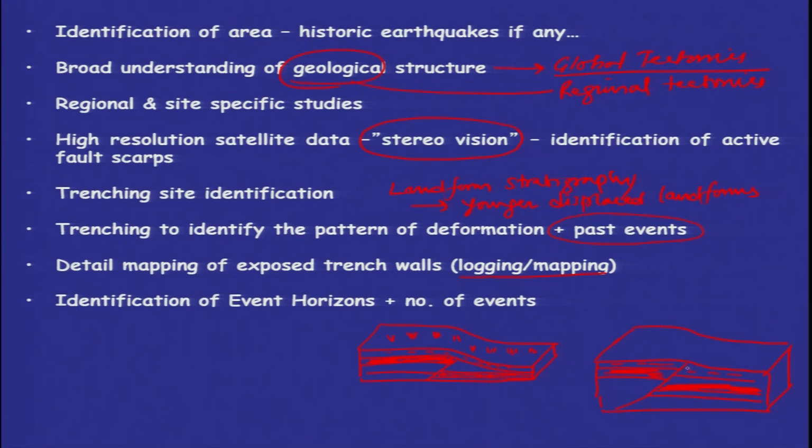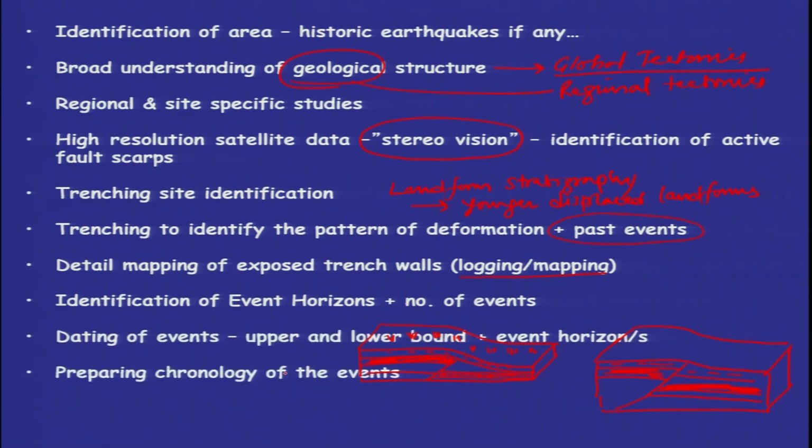So, what you have is this is your event horizon during the next earthquake. So, during the next earthquake, this one will become your event horizon. So, how many times have these units been displaced? On that basis you will talk about the number of events, and finally you can talk about the slip rate also, that is, the amount of slip, or you can talk in terms of the average slip during one single event.